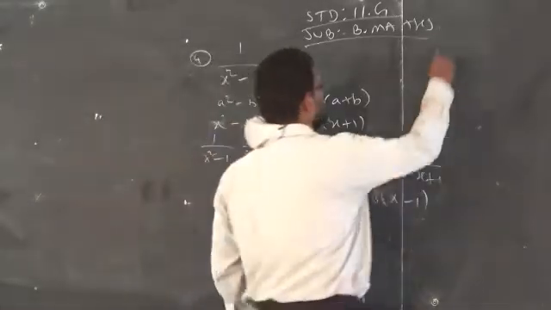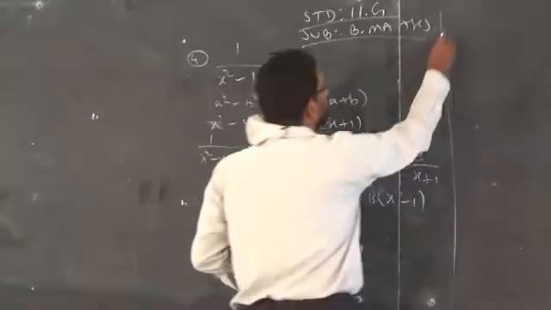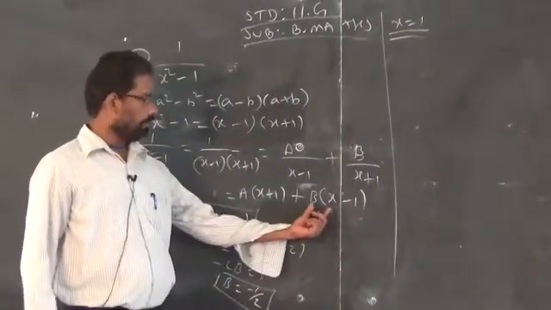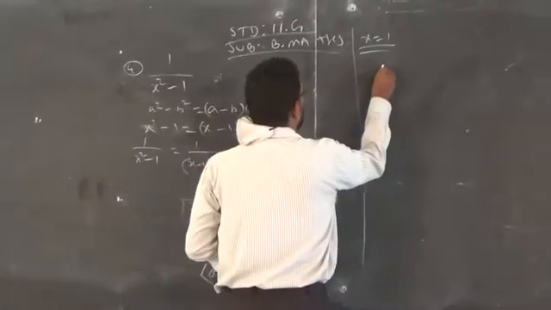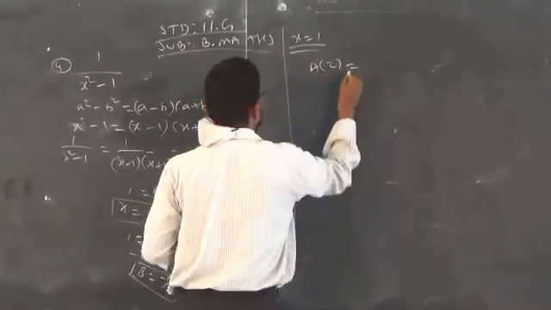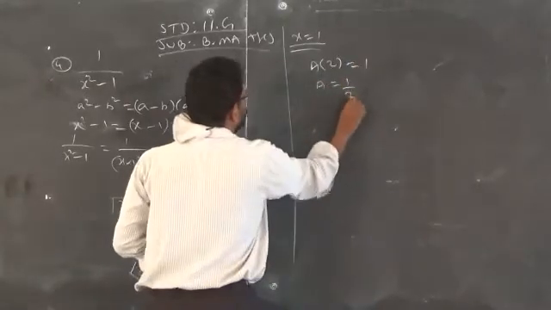Similarly, you have to find the value of a by replacing x with 1. When I replace x with 1, then the b term vanishes, since 1 minus 1 is 0. Therefore, you get a of 2, because 1 plus 1 is 2, equal to 1. So, a is equal to 1 by 2.